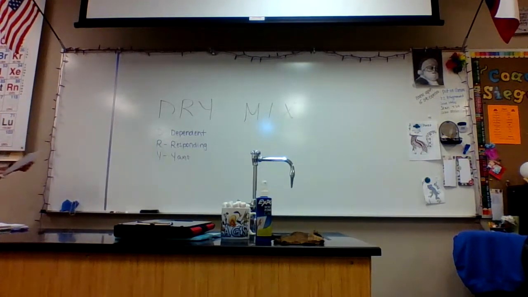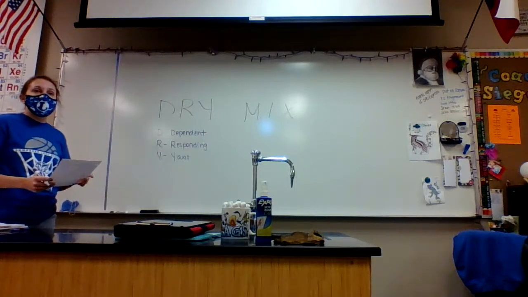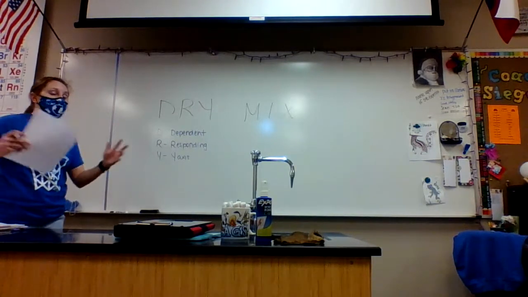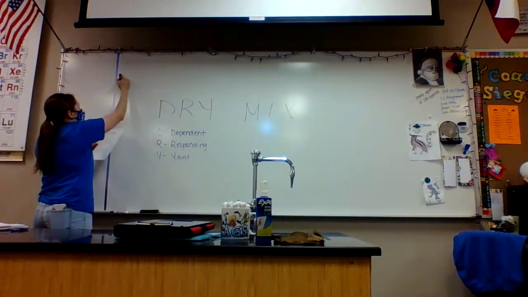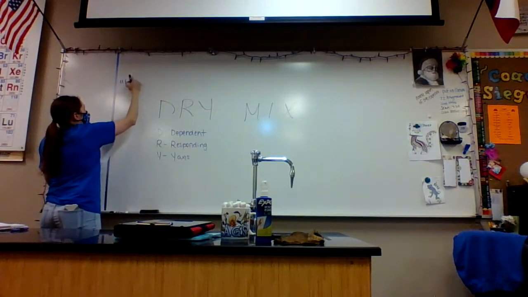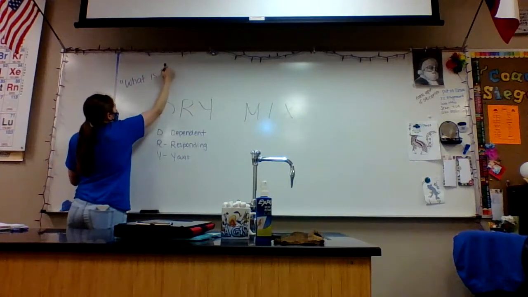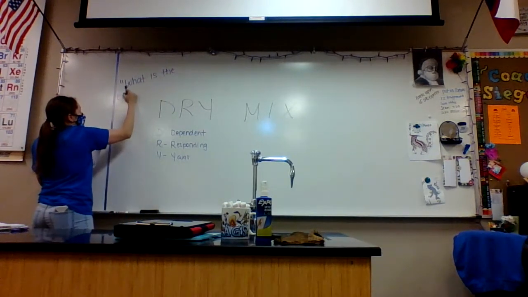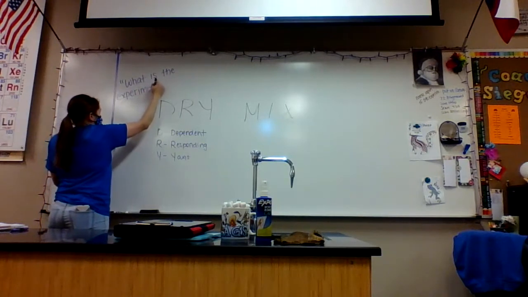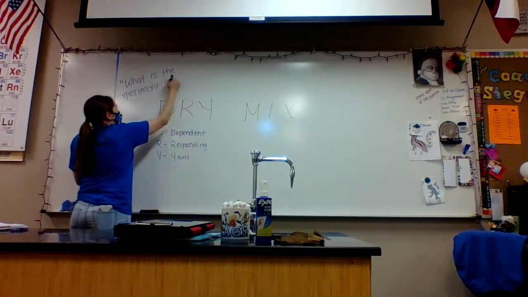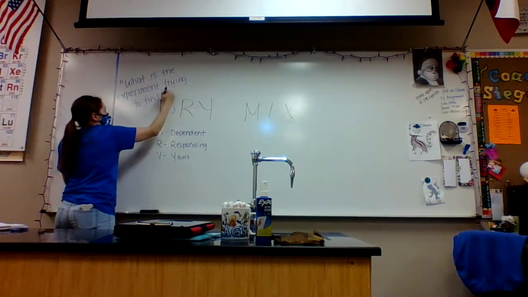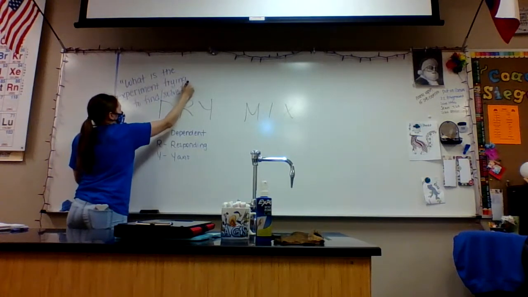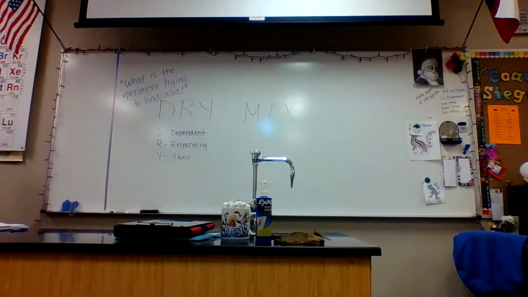A good question to ask yourself when you're trying to figure out an experiment, as far as dependent variables go, and I want you to write this down on your paper, is: what is the experiment trying to find or solve? And if you can easily answer that question, then you have found your dependent variable.